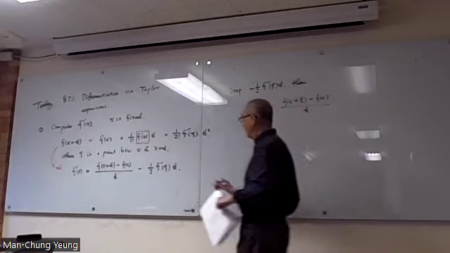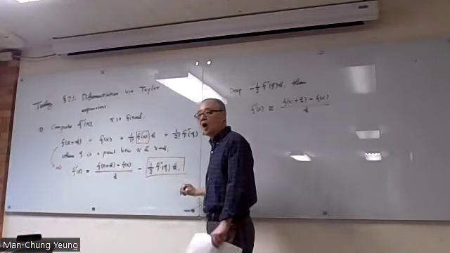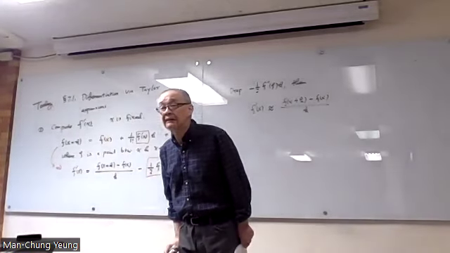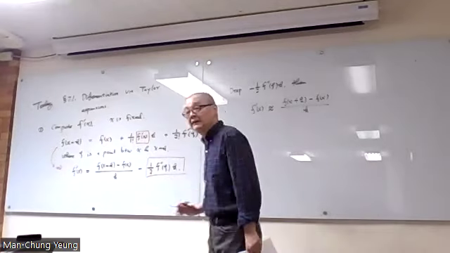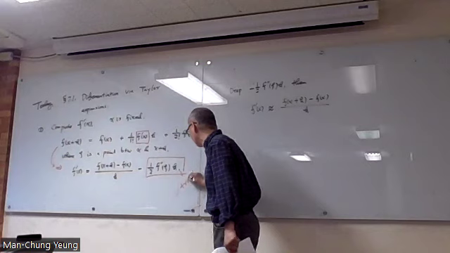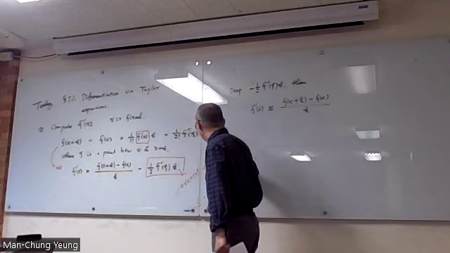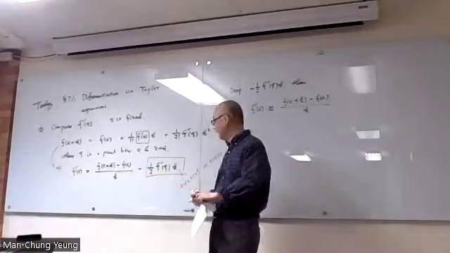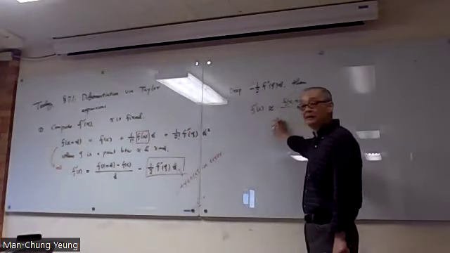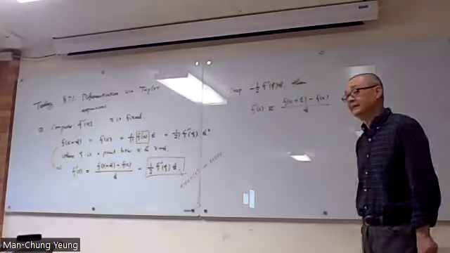The book gives a name to this error: truncation error. Because we truncate the equation to obtain this formula, it is called truncation error, or local round of error.